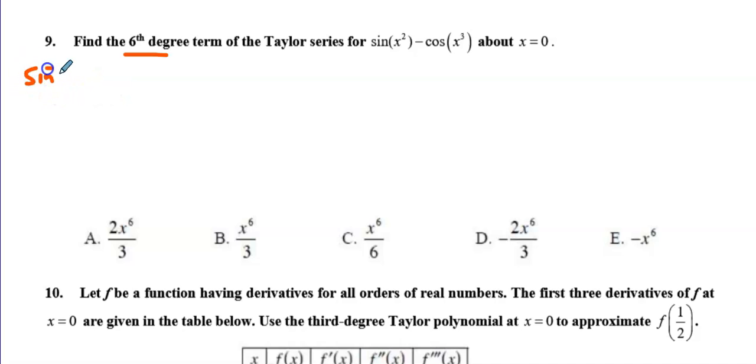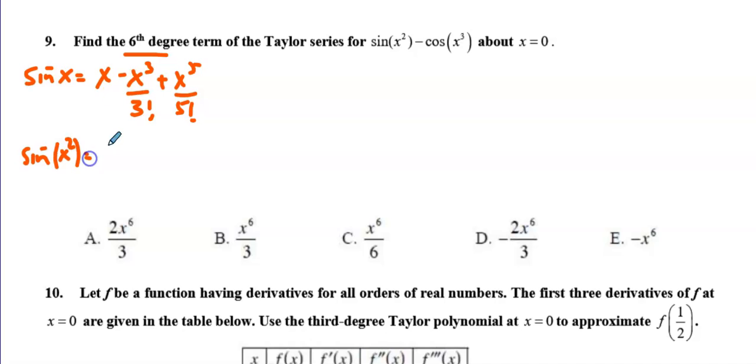So just like before, if we look at the Taylor series for sine, we know that that's going to be x minus x cubed over 3 factorial plus x to the 5th over 5 factorial. So that's the idea of what we want. So we're going to manipulate that. We're going to go ahead and replace all of our x's with x squareds. So we're going to have x squared here, and then we're going to have minus x squared cubed over 3 factorial.